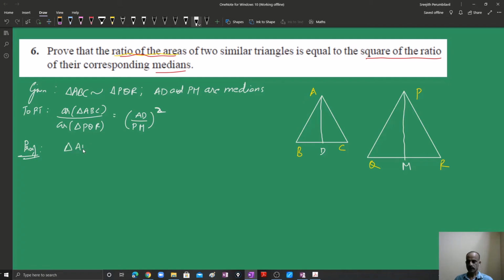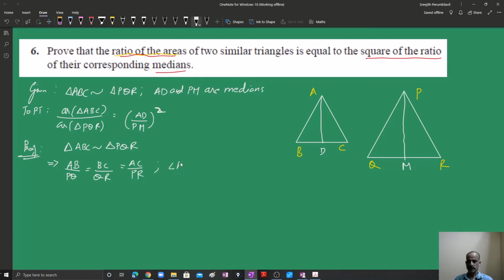Triangle ABC is similar to triangle PQR. This implies two things. We can say that AB by PQ is equal to BC by QR is equal to AC by PR.